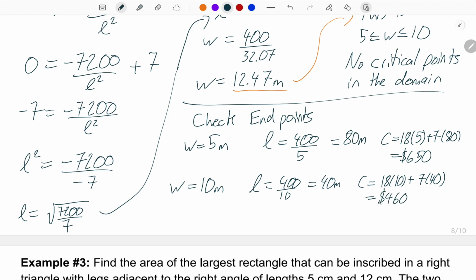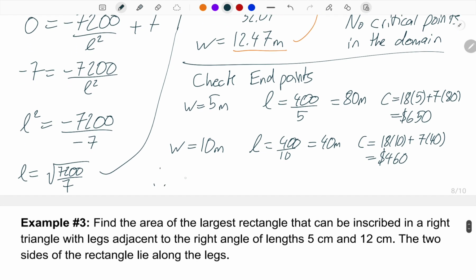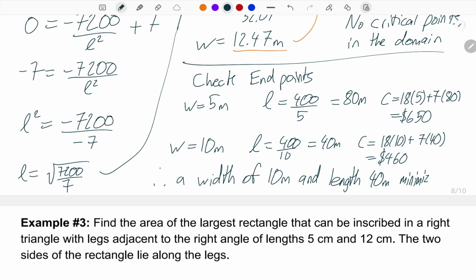So that's definitely the cheaper option. Therefore, a width of 10 meters and length of 40 meters minimizes cost.